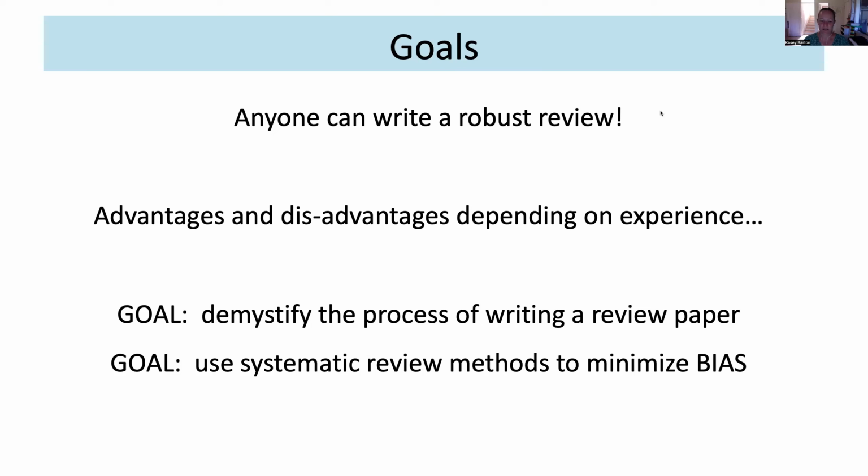And so I think for everybody, using systematic review methods results in the most robust kind of review, and therefore helps move the field forward in the best way. So that's what we're really going to be focusing on, is how to do systematic review methods. And then whether or not you combine that with meta-analysis, it depends on what your question is. And we'll finish up by talking about how to do meta-analysis in particular. So that's our goal here.